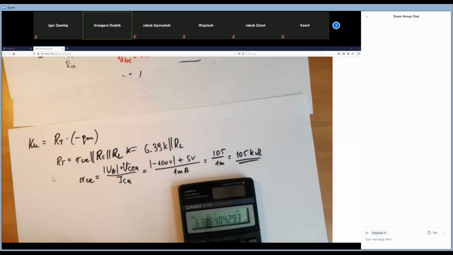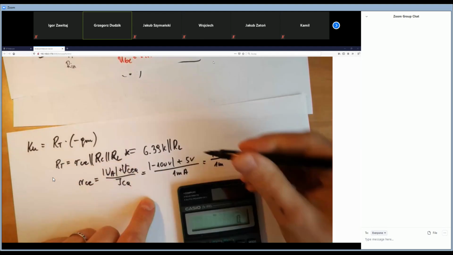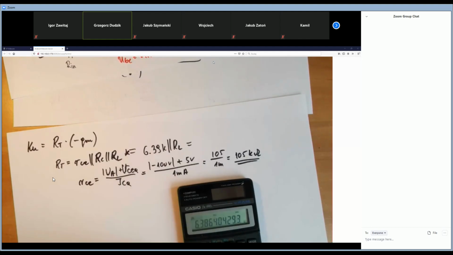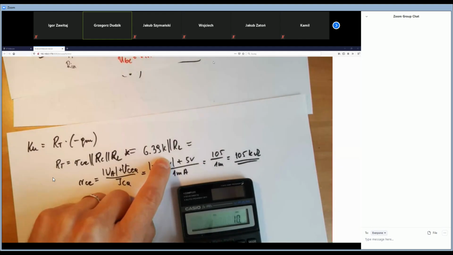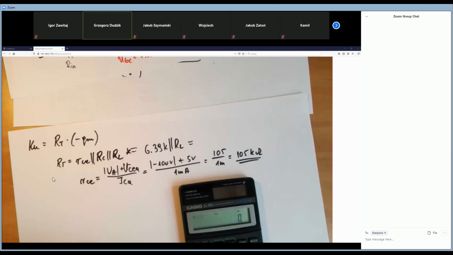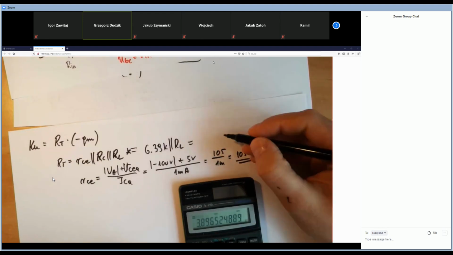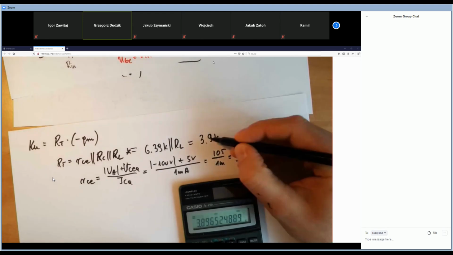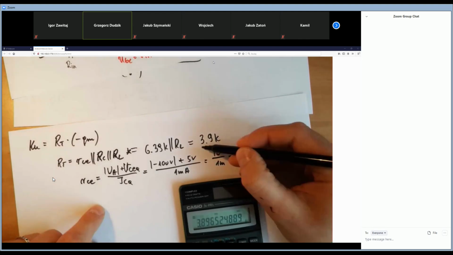I have to remember this result. RL is 10 kilos. So this value times 10K, divided by the sum of it, 16.39K. So in fact, this is around 3.9K. That's the RT. We've got it.